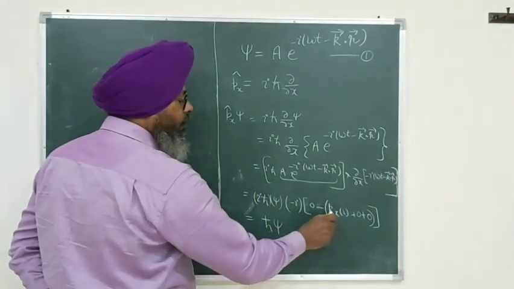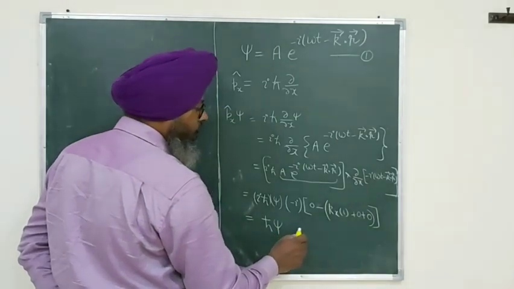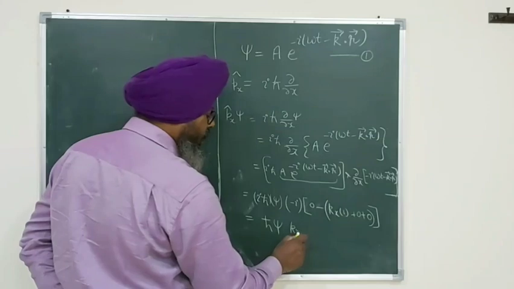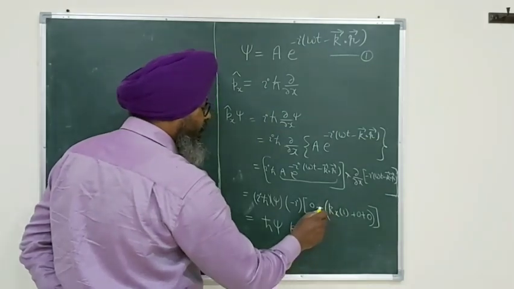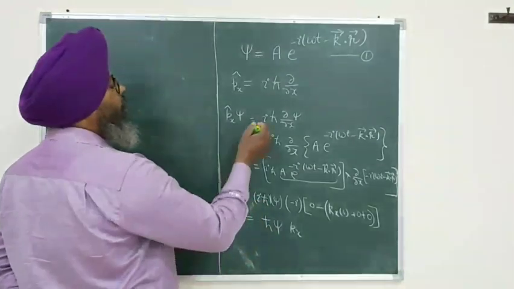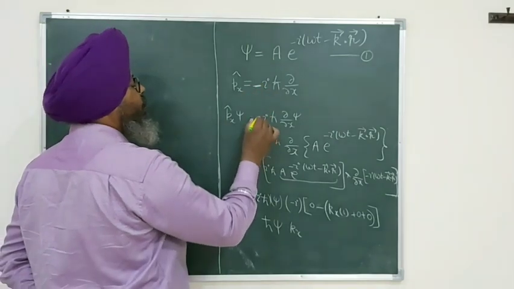This is psi, and this is kx, and this is 1 minus 2 minus, and iota into iota minus. Okay, this px cap is minus iota h cross.